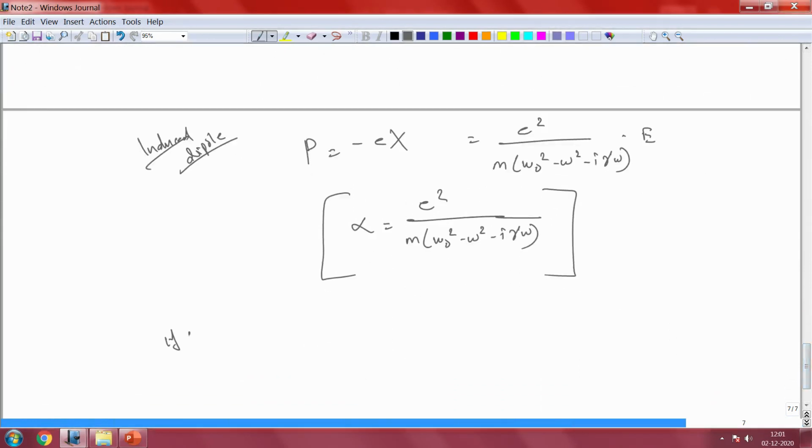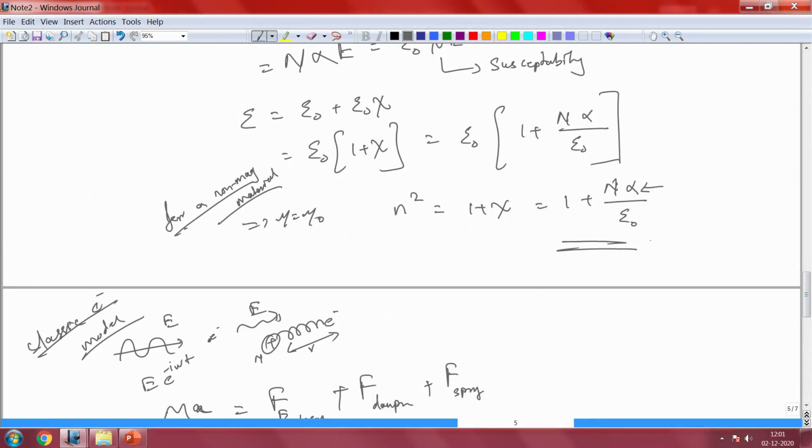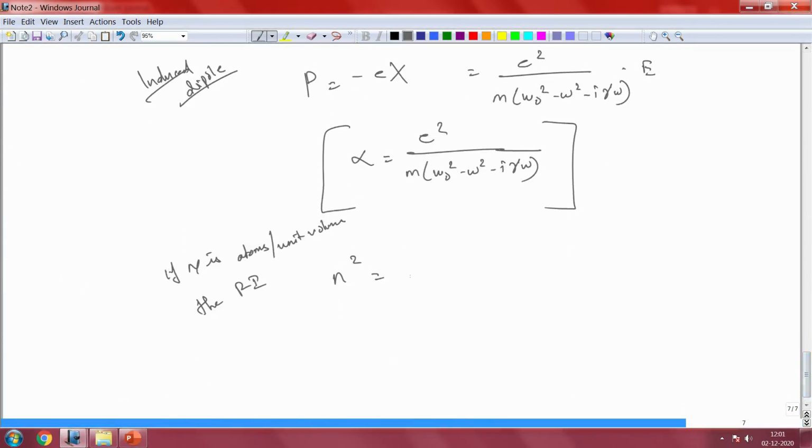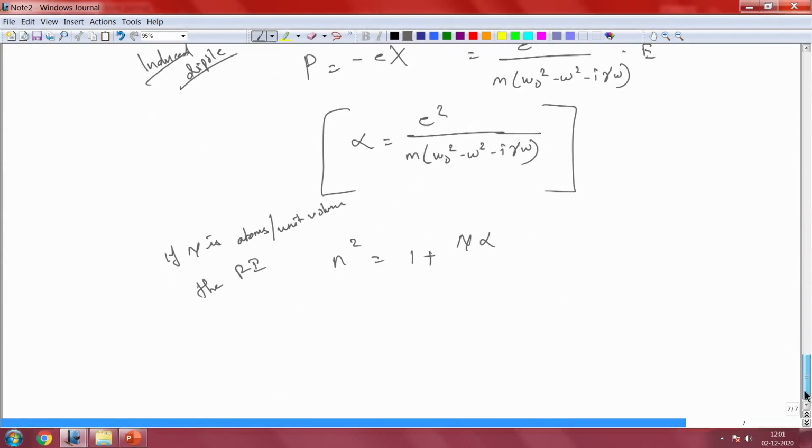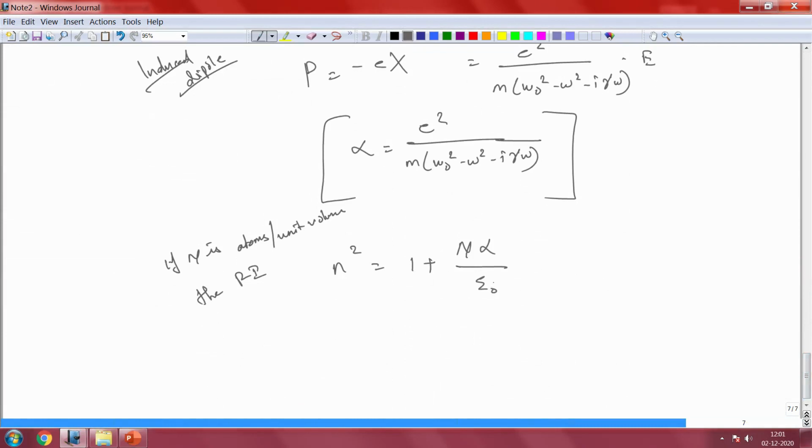So if n is atoms per unit volume, so we said number density, right, then the refractive index, we saw here, right, n squared equals 1 plus n alpha divided by epsilon naught, right?